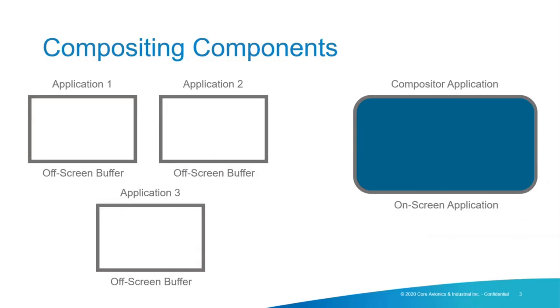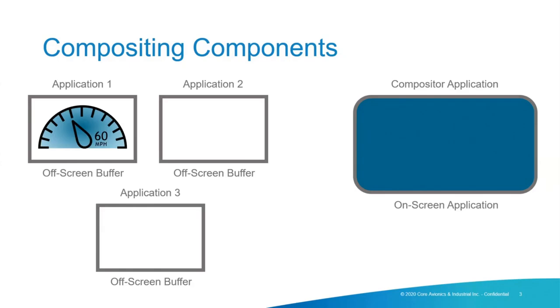To give an example of compositing components and reusing them, I'm going to break up the compositing process and give a real concrete example. In a compositing situation, you would have several off-screen applications that represent your components, and a compositor application responsible for taking those off-screen components and arranging them on the display to make the final image.